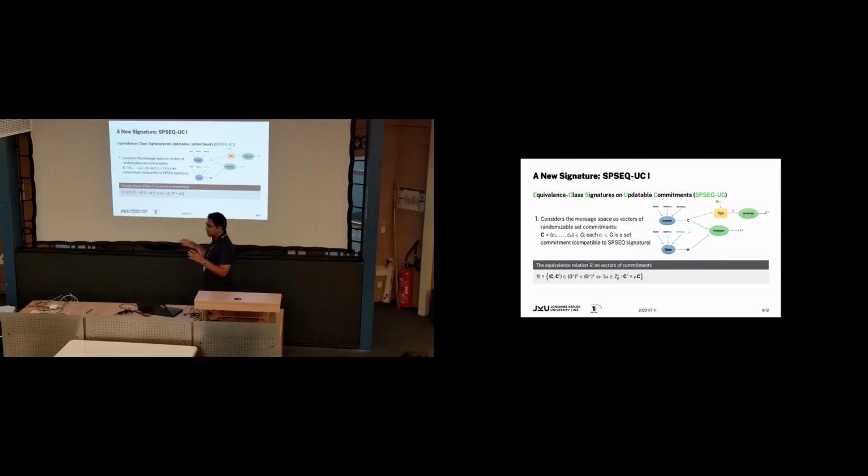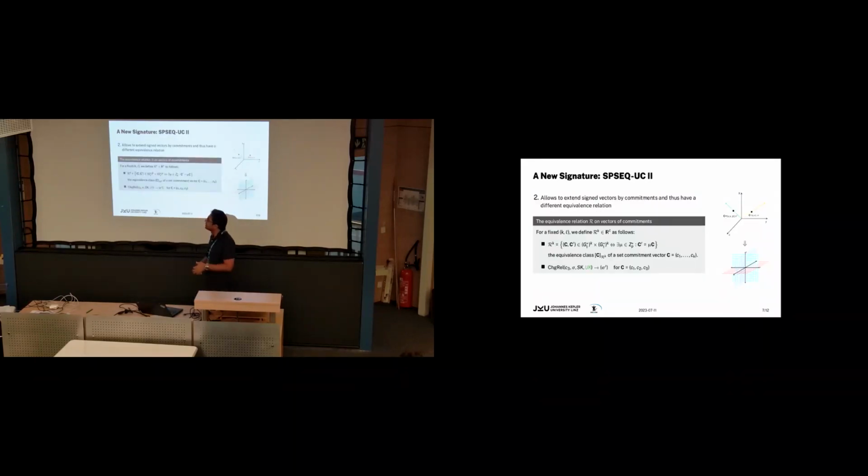So these set commitment vectors are completely compatible with the SPSEQ message space. That's why we can also define the equivalence relation for this commitment vector. The second extension is that our signature allows you to extend this commitment vector by adding more set commitments into the vector. Again, if you look at the picture, let's say your vector is U, V and you have the signature sigma for that.